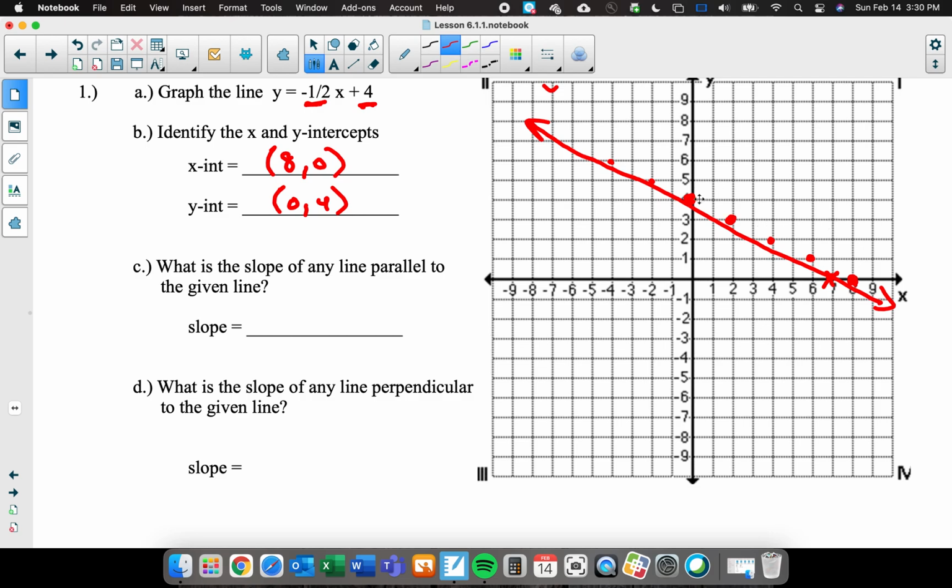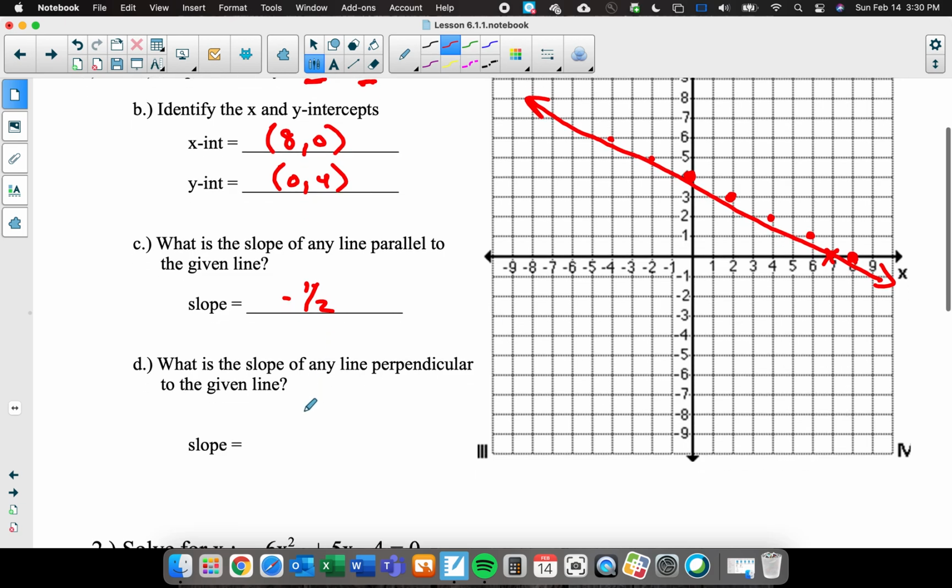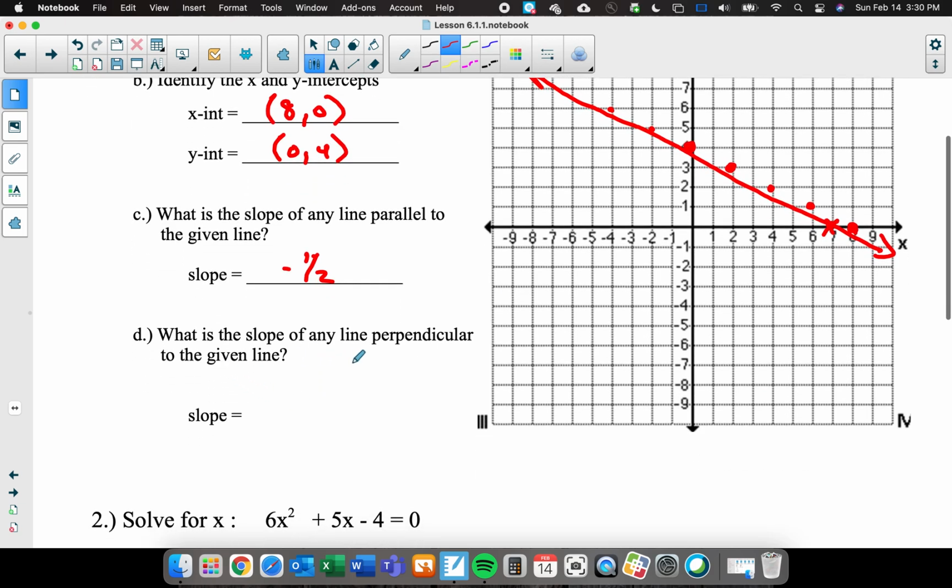In this case, the slope of the line I originally had was -1/2. Therefore, the slope of any line parallel would also be -1/2. And the last part: what's the slope of any line perpendicular to the given line? Remember, there's two parts to being perpendicular. You've got to have opposite signs.